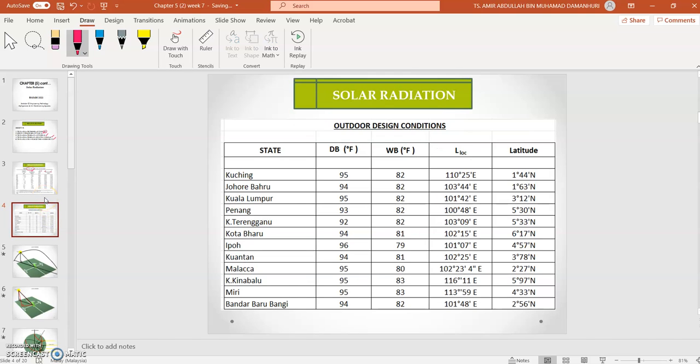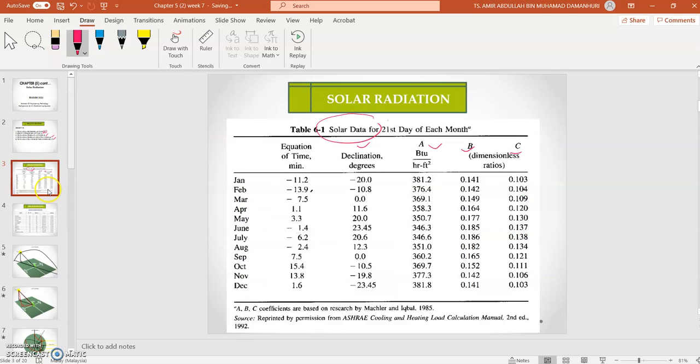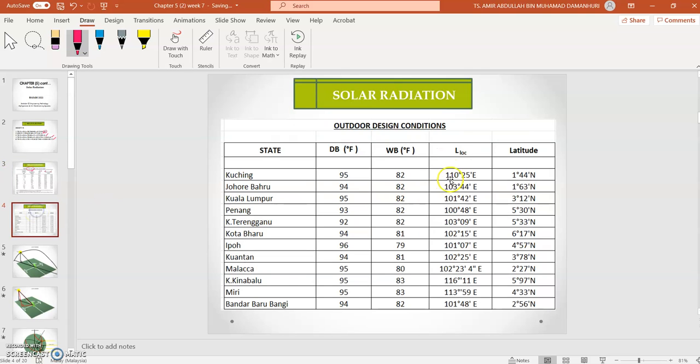So in your formula and appendix table, please refer to the table of solar data for 21st day of each month and the outdoor design condition table. So basically the question will refer to the state where we have the data of outdoor design condition here.